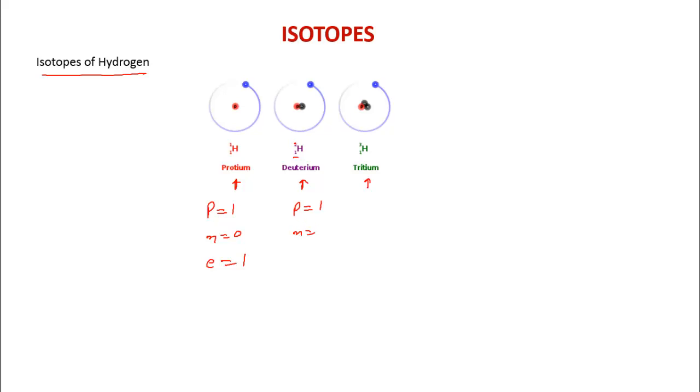Neutron must be 2 minus 1, that is 1, and electron is again 1. Tritium: proton again 1, neutron is 3 minus 1, that is 2, and electron is 1. So they have the same number of protons and electrons, but the difference is the number of neutrons, and that will make a difference in the atomic mass as well.